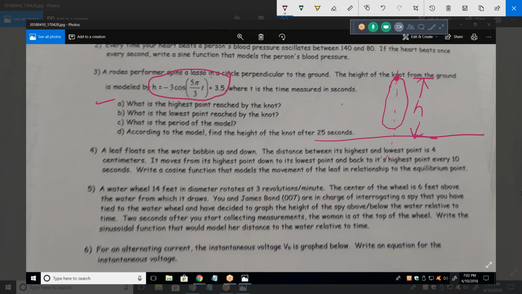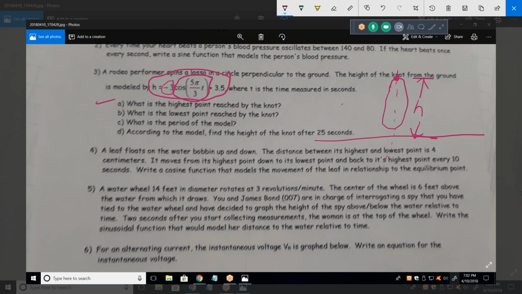The highest point of the knot comes when that is equal to what? Do you want it equal to 1? Do you want it equal to -1? Or do you want it equal to 0? Not 1, because it's being multiplied by a -3.